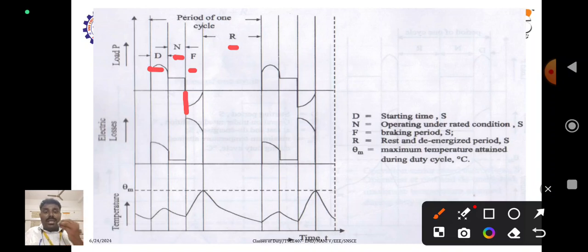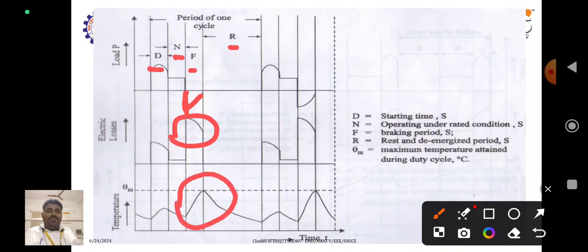That is nothing but a waste, so it goes to the negative region. During this braking, a huge amount of power is lost. During the braking, a huge amount of heat is dissipated, so the temperature also increases.